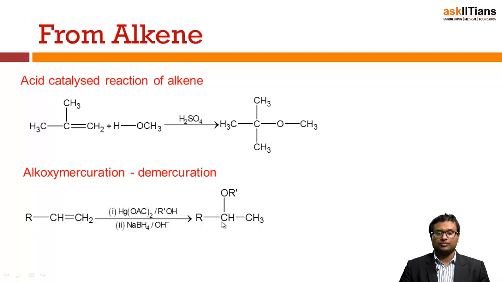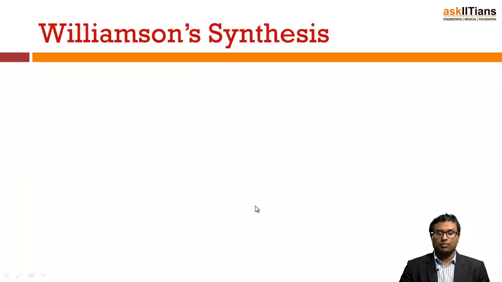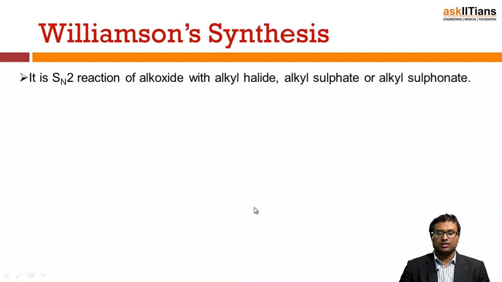Very important synthesis, Williamson synthesis. Williamson synthesis is nothing but an SN2 reaction of alkoxide with alkyl halide, alkyl sulfate or alkyl sulfonate. For example, you have a sodium salt, which undergoes SN2 reaction with any halide.